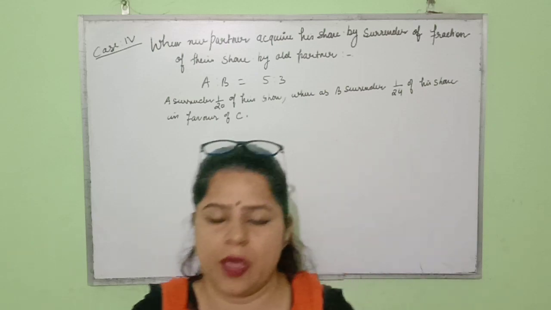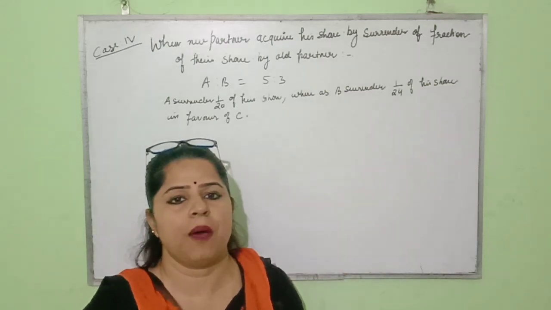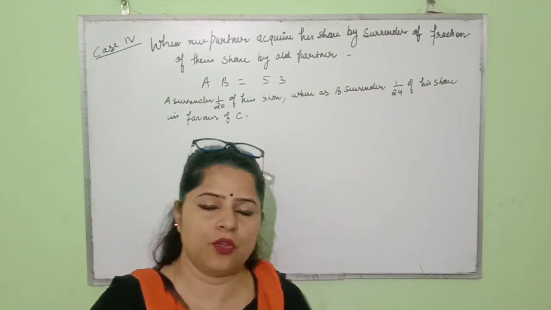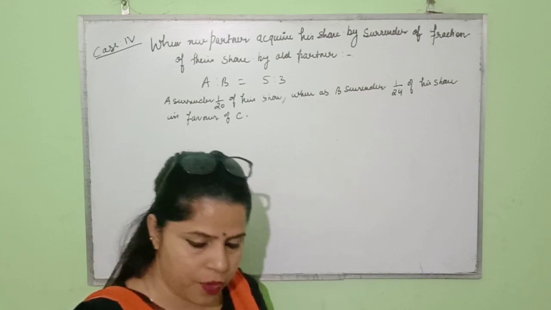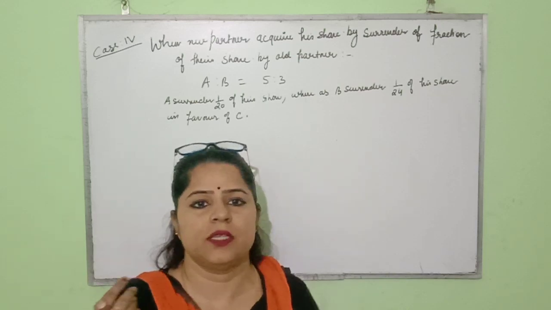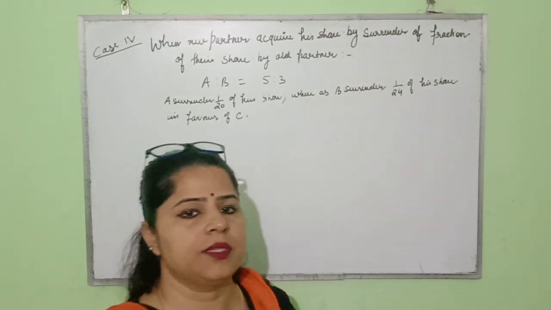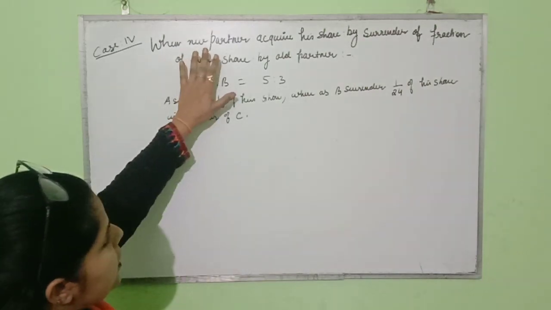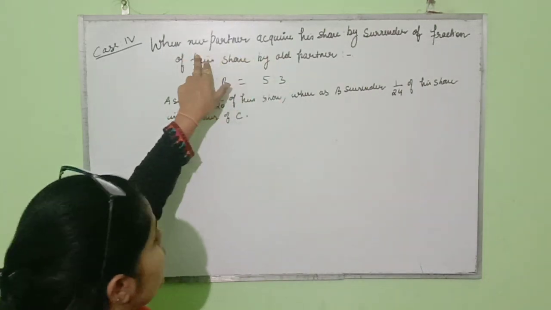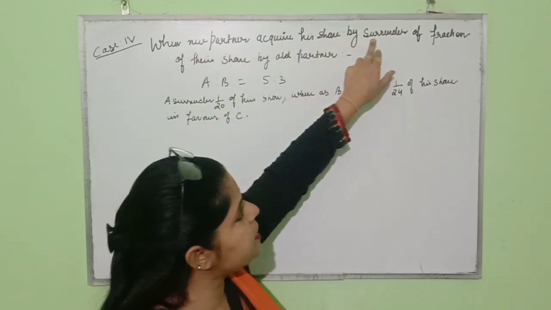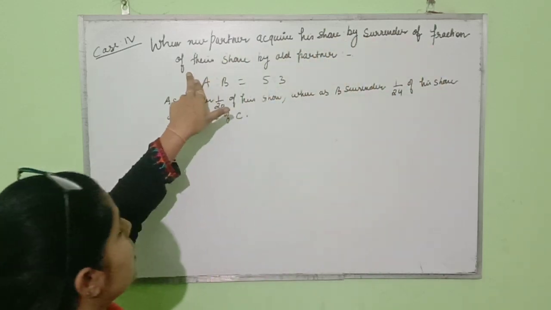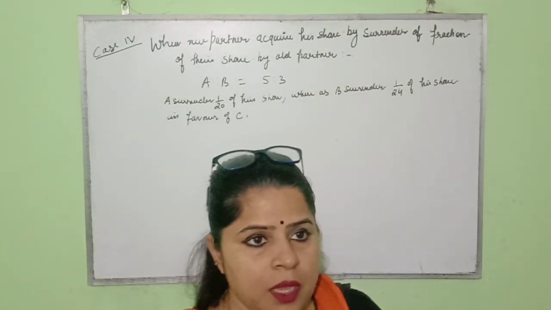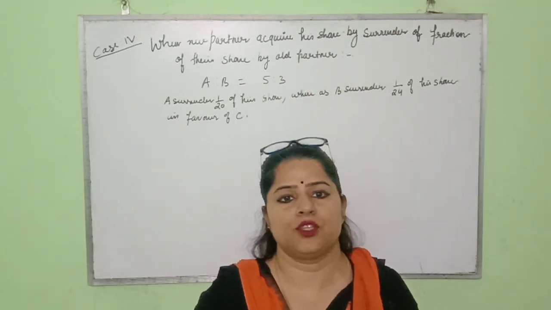Like in case number 1, AB is the partner and the new partner is coming for 1 by 5th share. Then in case number 2, the new partner is coming for 1 by 6th share. Then in the third case, the new partner is coming for 1 by 5th share. But if you see this case, it is given that the new partner acquires his share by surrender of a fraction of their share by the old partner. So in this case, the share of the new partner is not given.